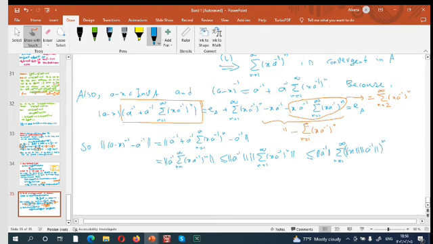And this is equal to this norm multiplied by this fraction.